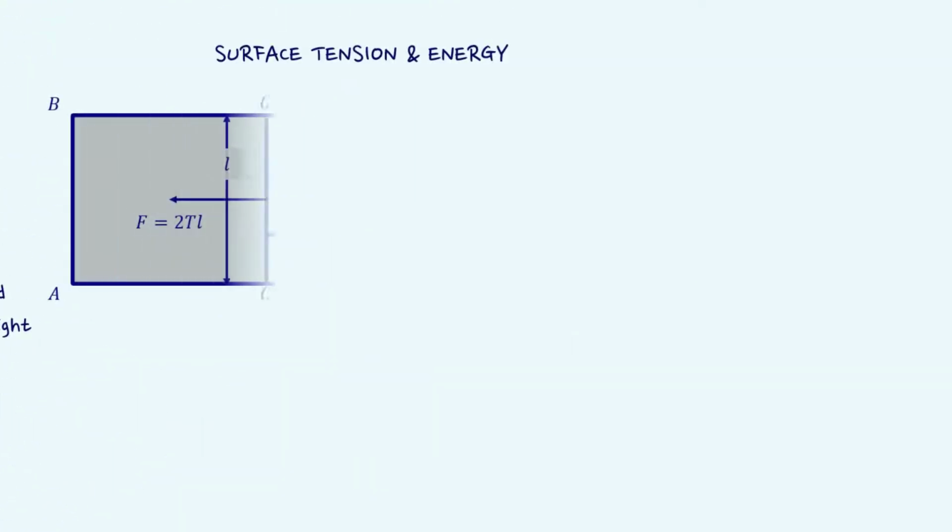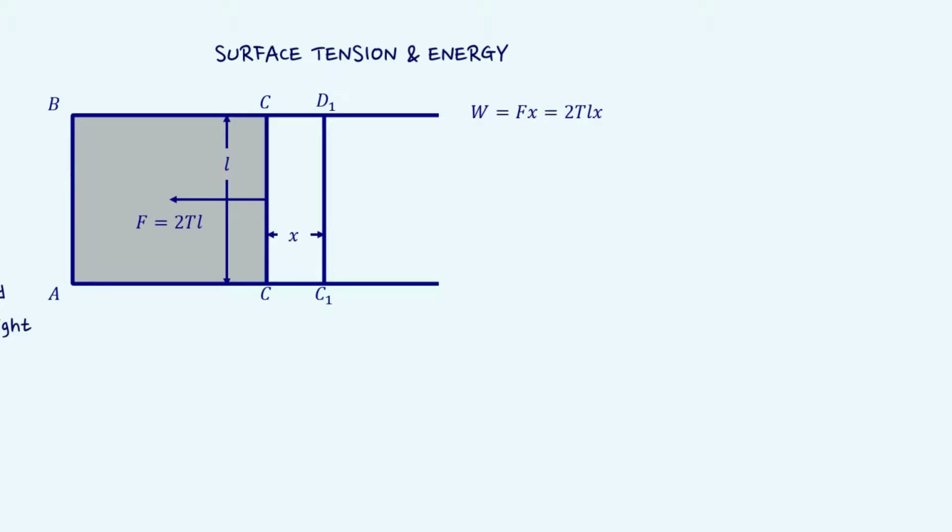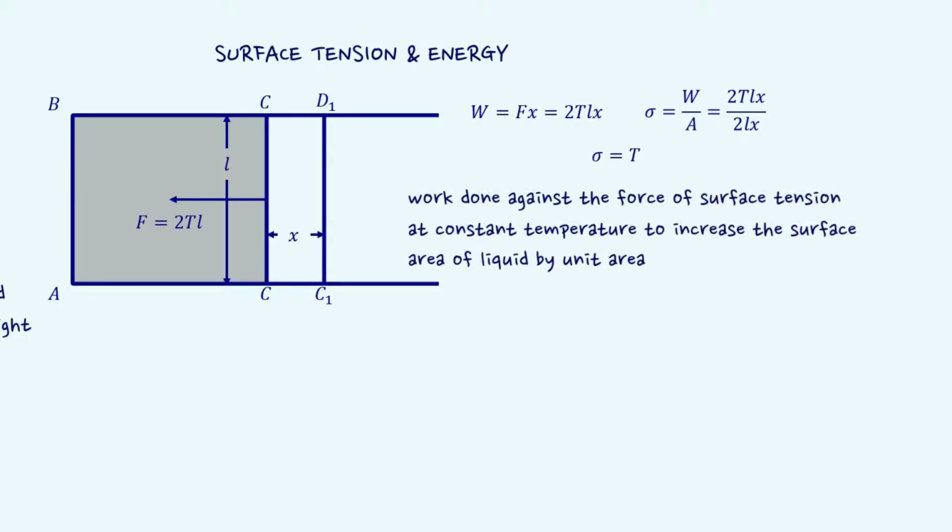If we stretch a membrane as per illustration, the work done against the surface tension is W equal to 2TLX, and as per the definition of surface energy, sigma equal to W by A, which makes sigma equal to T. Therefore, surface tension can also be quantified as the work done against the force of surface tension at constant temperature to increase the surface area of the liquid by unit area.